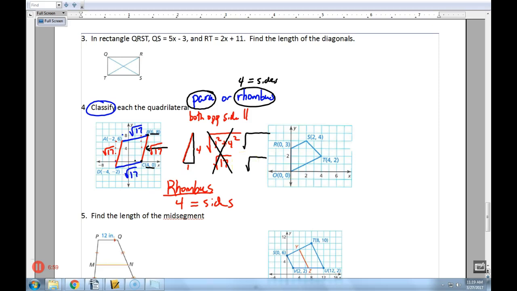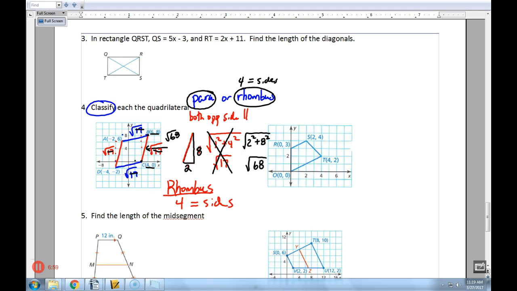Because instead of being 1 and 4, it's actually 2 and 8. It would be over 2 and up 8. So that would be the square root of 2 squared plus 8 squared, which is the square root of 68. So that's how long each side is. Not the square root of 17, but the square root of 68. But nevertheless, it's still a rhombus because it has 4 equal sides.